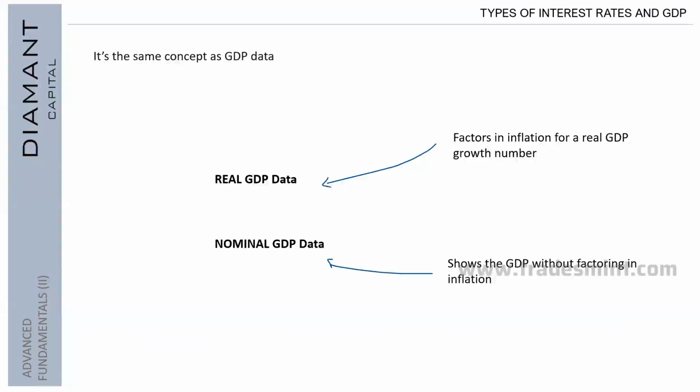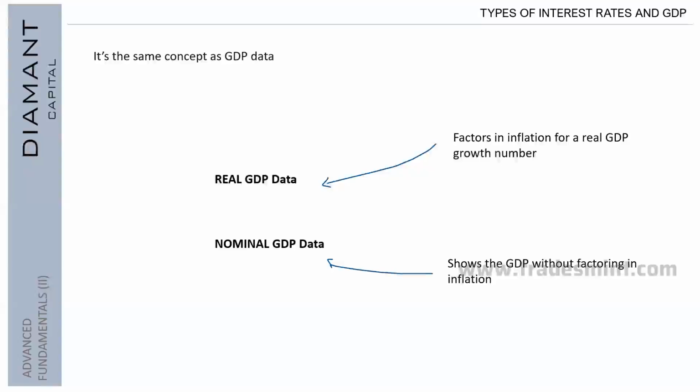It's the same concept as GDP data. You've got real GDP data and then you've got nominal GDP data. When it comes to GDP, you're talking about gross domestic product, the productivity of an economy. An economy might flaunt and say, our GDP has increased. They'll look at nominal because they'll say, this is how much it has increased without factoring in inflation.